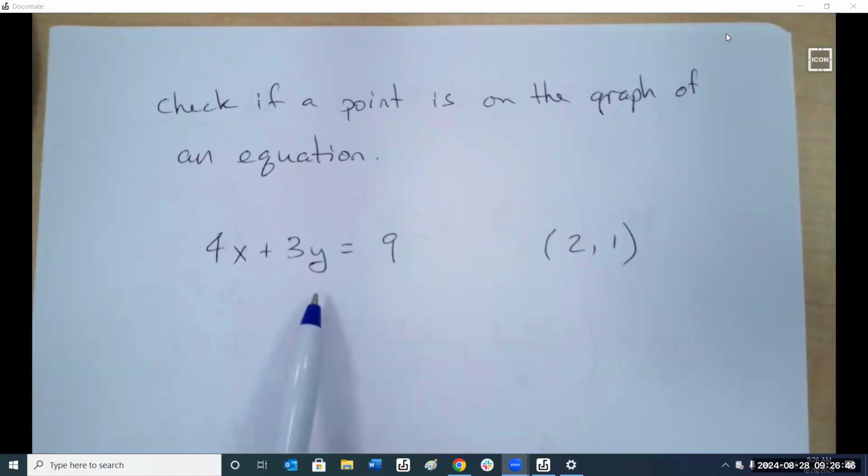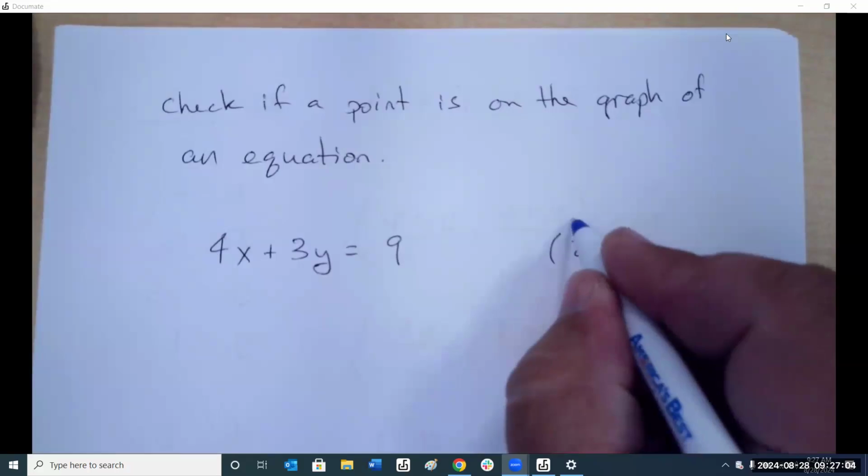So here's the equation. There's a point. Is this point going to be on the graph of this line? It's either yes or no. How do we check it?